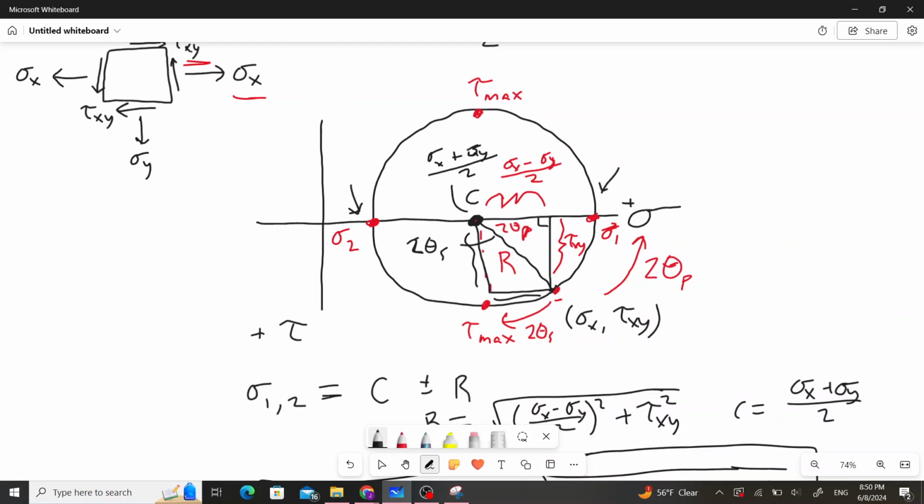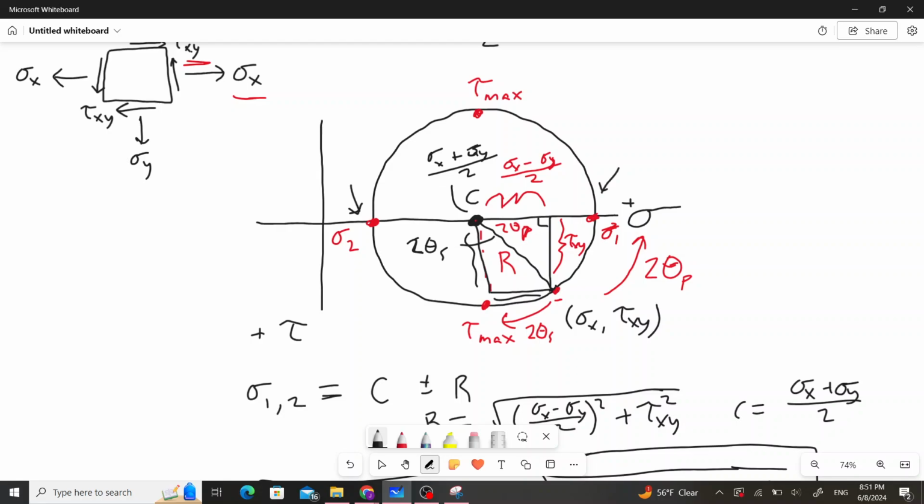So in reality, the principal angles are offset by half of that, 90 degrees. Same with the maximum in-plane shear stress. Those are offset by 180 degrees on Mohr's circle, which means in reality they're offset by 90 degrees.